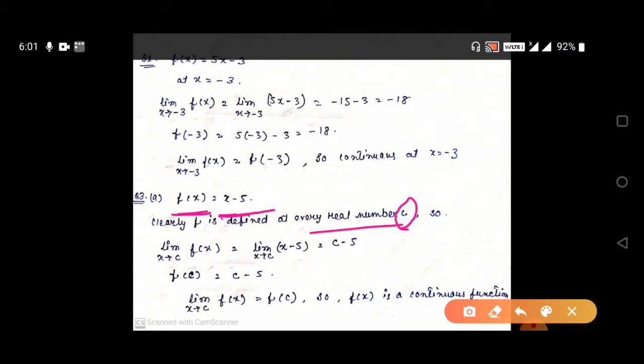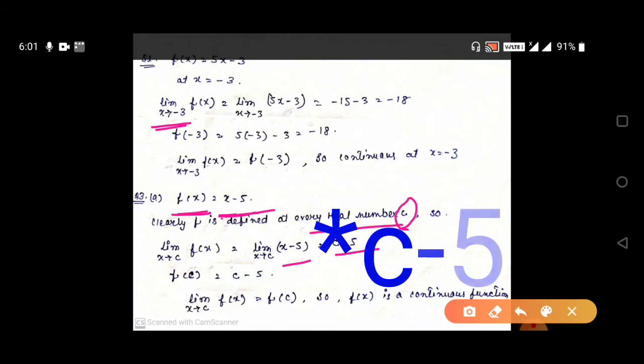So the process is very simple. You have to write limit x tends to c, same as here we were writing x tends to minus 3. Here we will write in question number 3 limit x tends to c f(x). Now we will write the value of f(x), then we will replace x by c. So this is c minus 5.